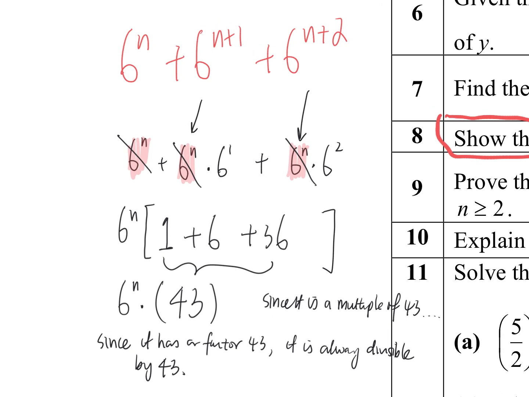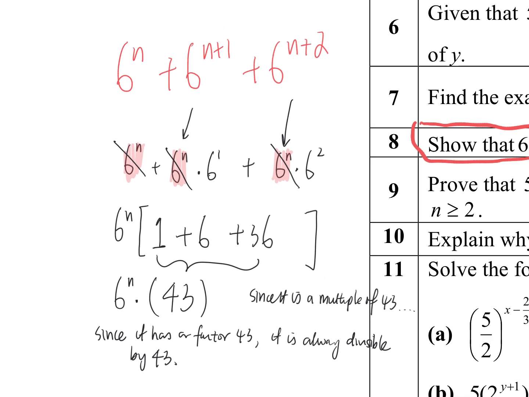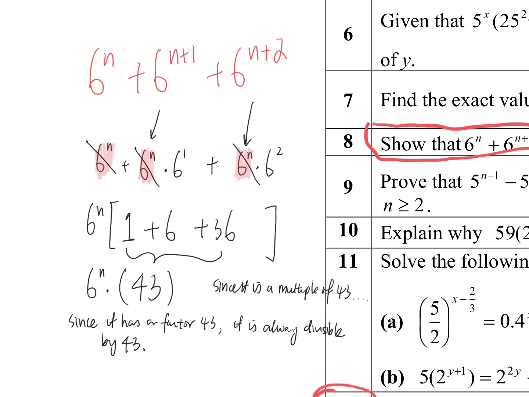So this is also what EMath likes to test as a difficult question. But AMath will test this as a normal question. So just make sure that you know how to split and you know how to substitute.